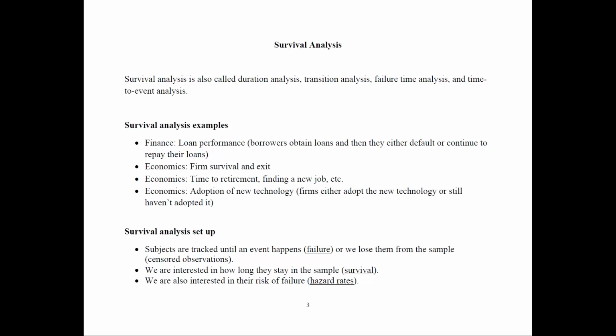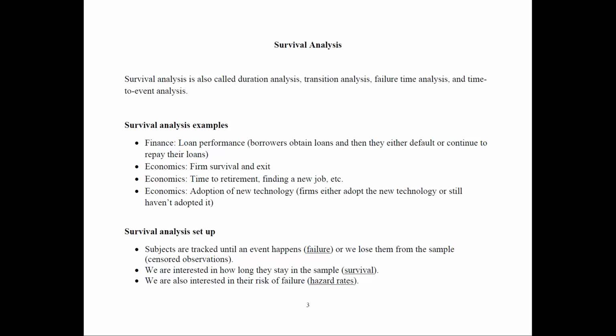One of them comes from finance, if we want to study loan performance. So borrowers obtain loans and then they either default on them or continue to repay them. From economics, we can study firms' performance over time, and we can see which ones survive and which ones exit and how long it takes them until they exit.